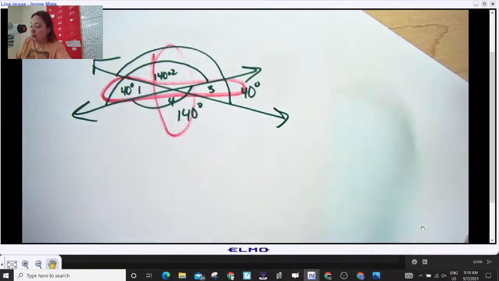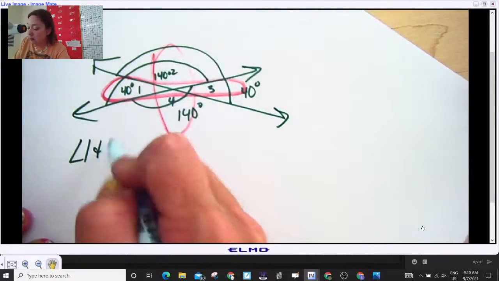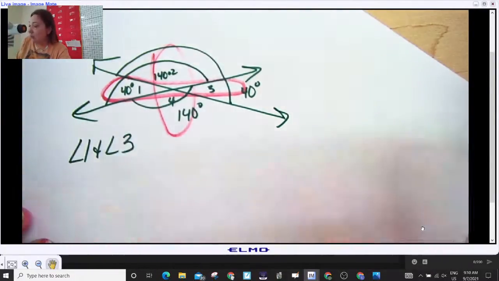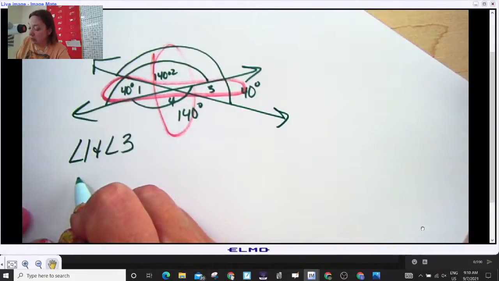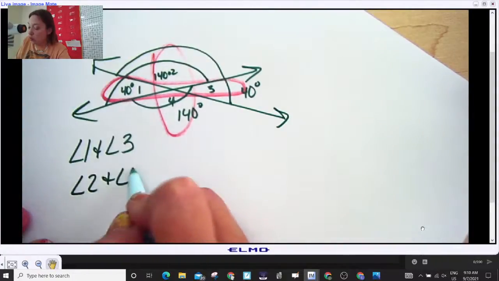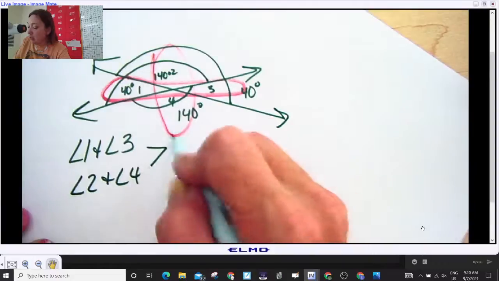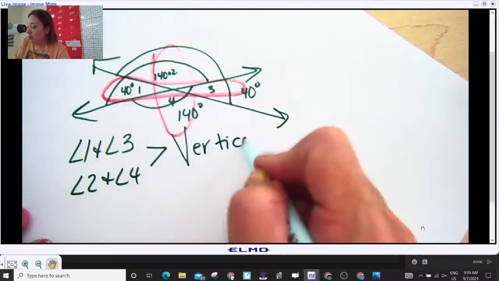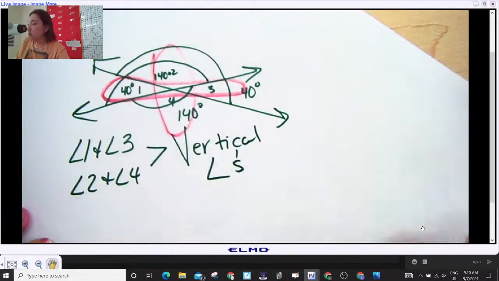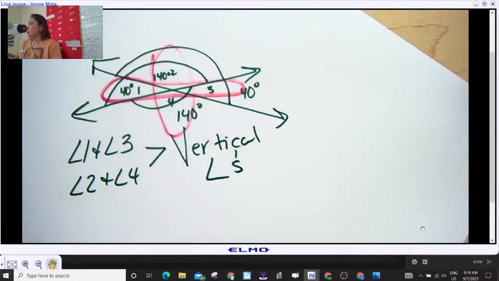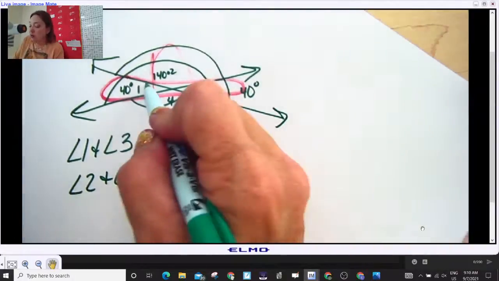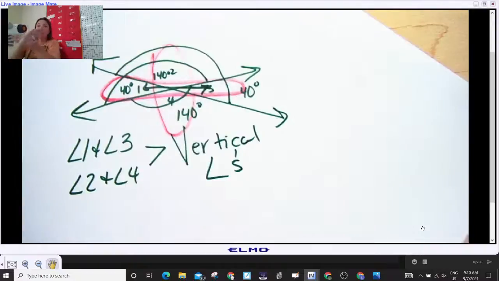So angle 1 and angle 3, and then separately, not together, angle 2 and angle 4, they are what are known as vertical angles. And vertical angles are congruent to each other. Vertical angles are the angles that are made when two lines cross each other. It's the angles across from each other, not the angles that are supplementary, but the angles that are across from each other.